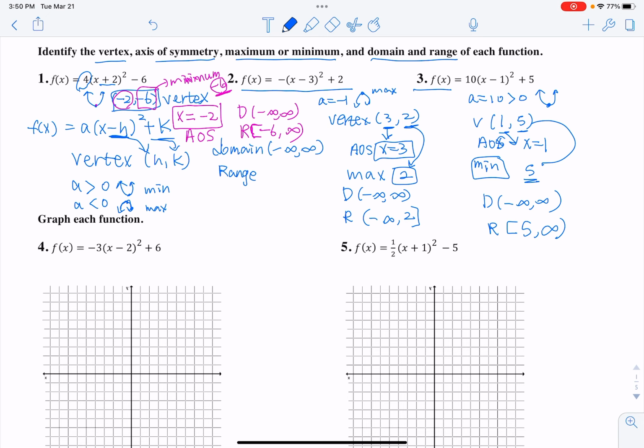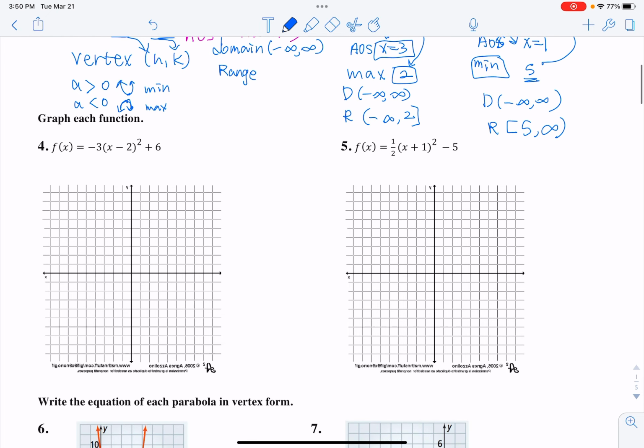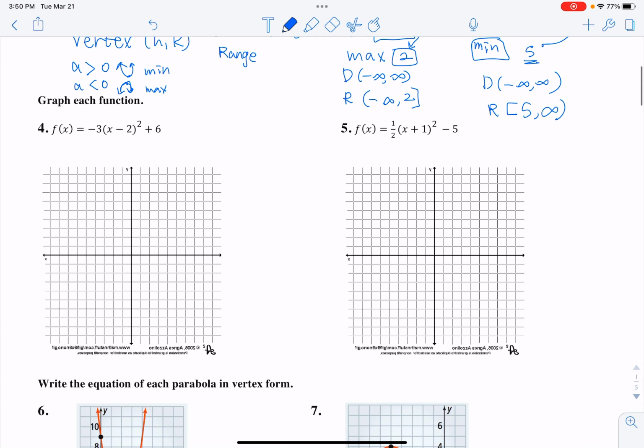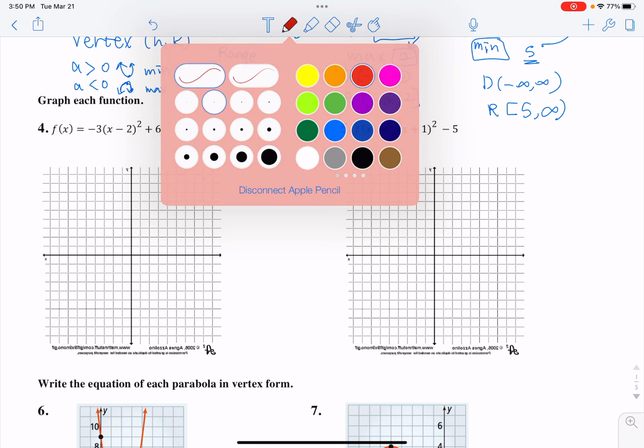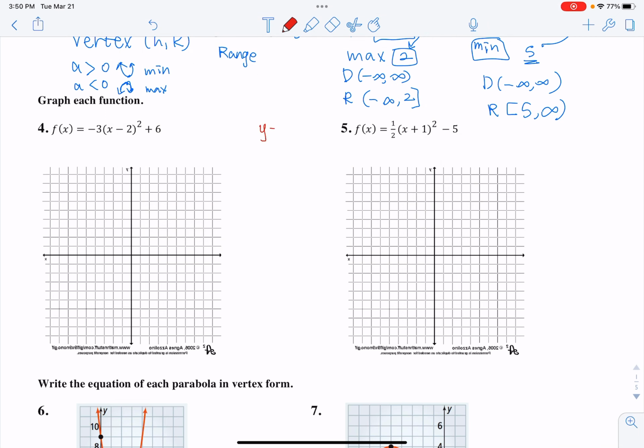That's what I do. And then if they ask you to graph it, first I will start with the parent function y = x^2 with a table of x and y: -2, -1, 0, 1, 2, and y: (-2)^2 = 4, 1, 0, 1, 4.